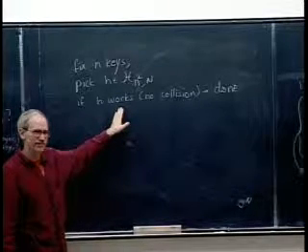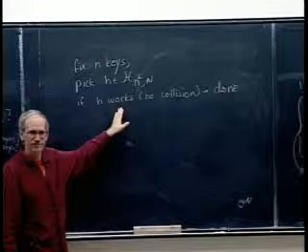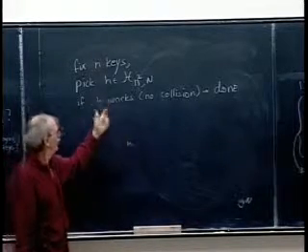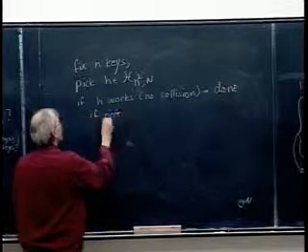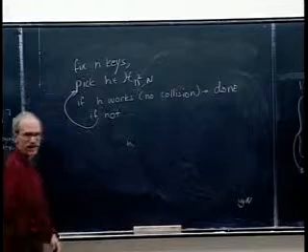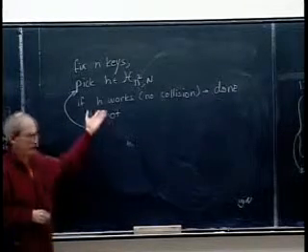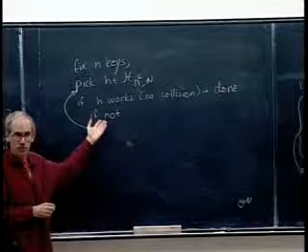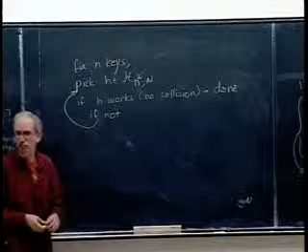What can we do? Yeah, try again. If not, go back to here. And since you have a 50-50 chance or more of succeeding each time, you'll pretty quickly find one that works.